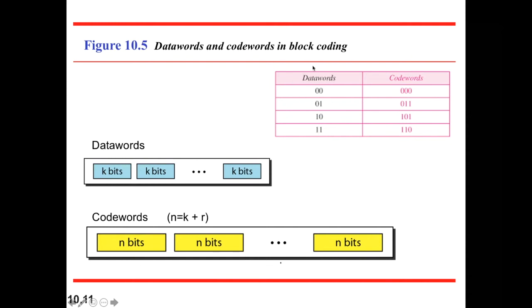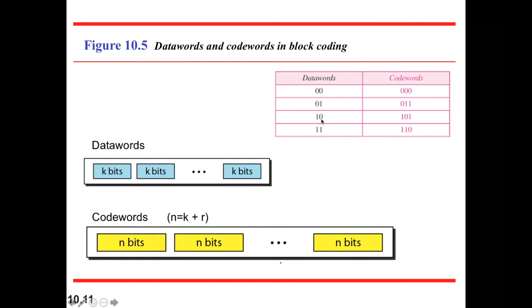To see an example, say our data words are of length 2: 00, 01, 10, 11. We generated one redundant bit and appended it to each data word. 00 becomes 000, and 01, where the redundant information is 1, becomes 011.